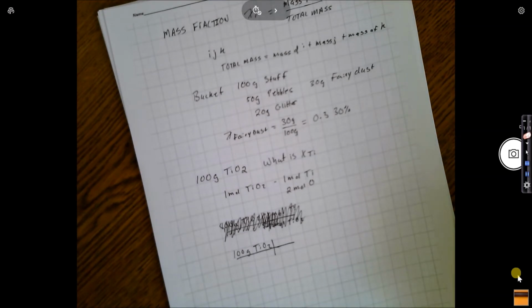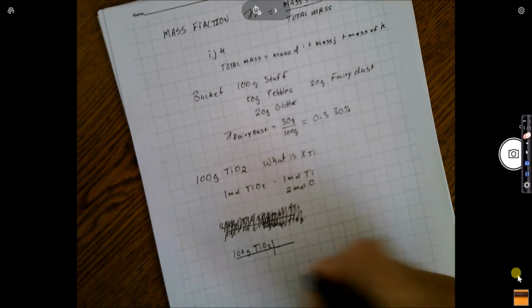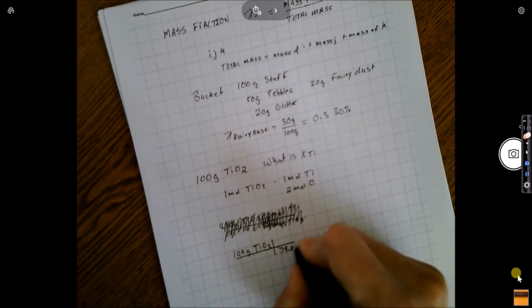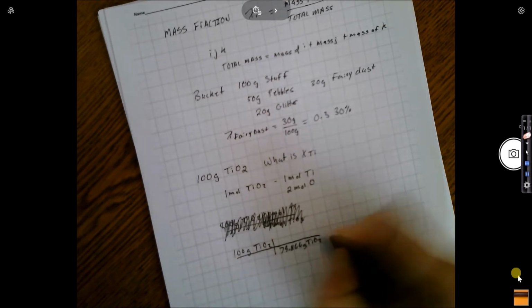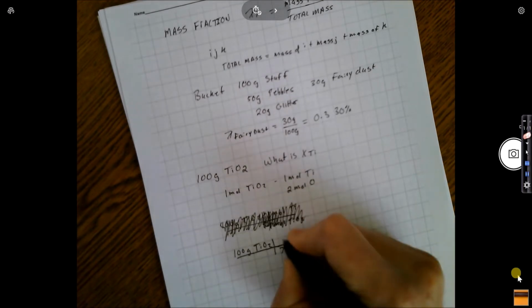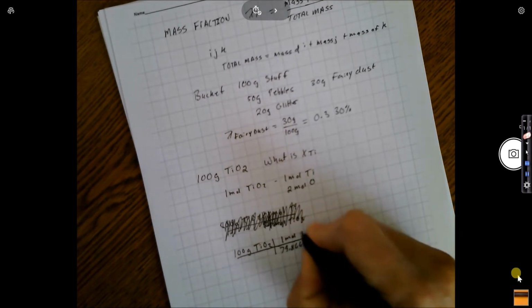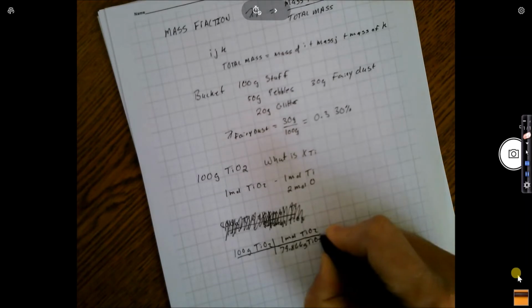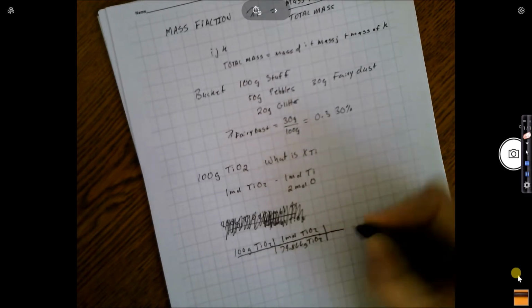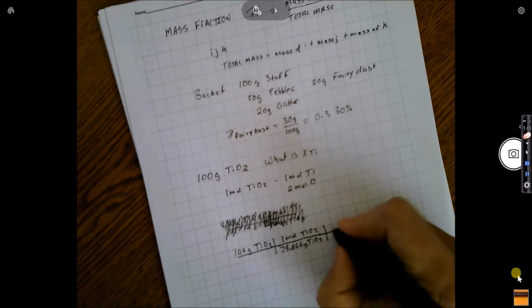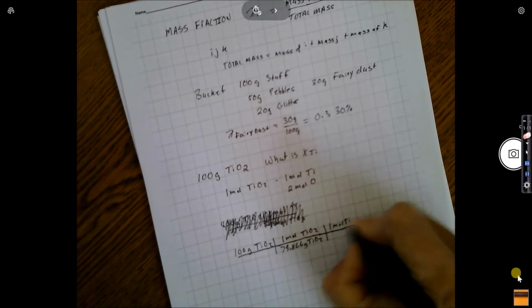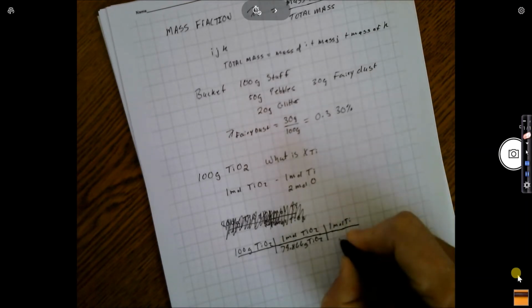We said earlier in the day that there are 79.866 grams of TiO2 in 1 mole, and that there is 1 mole of titanium in 1 mole of TiO2.